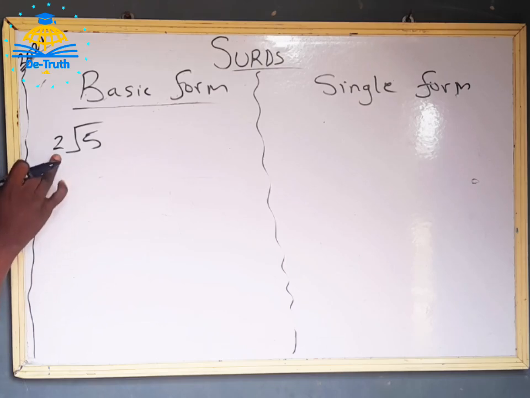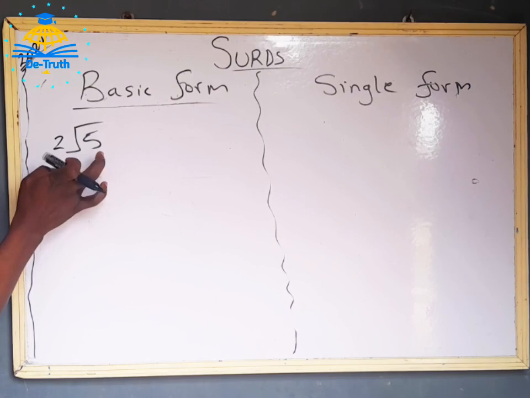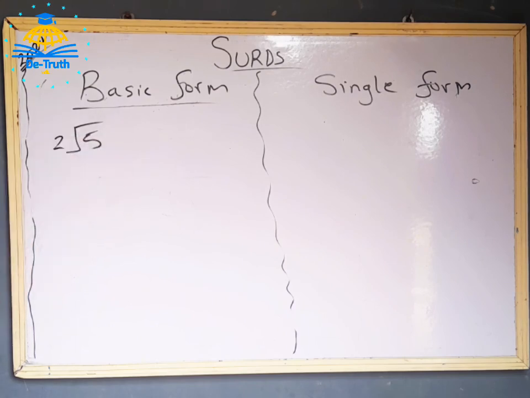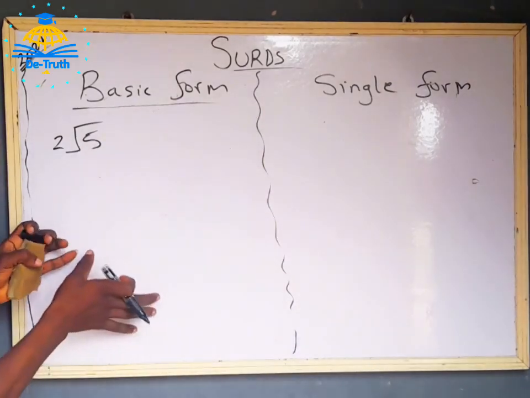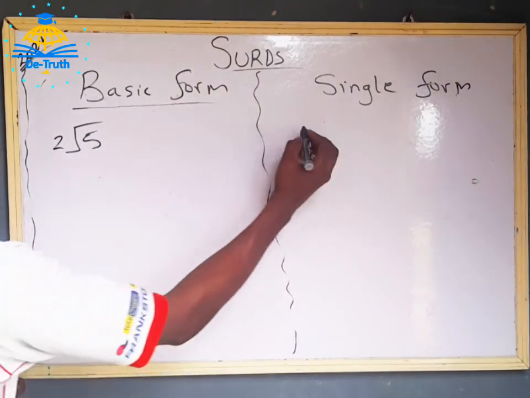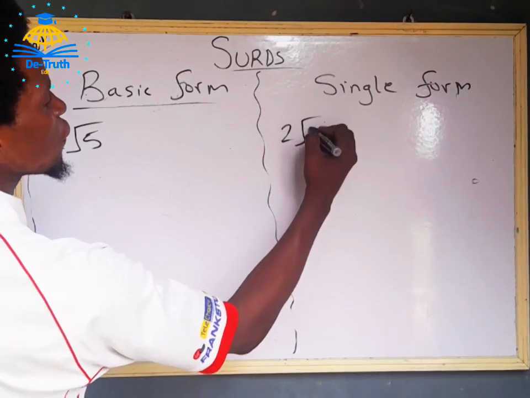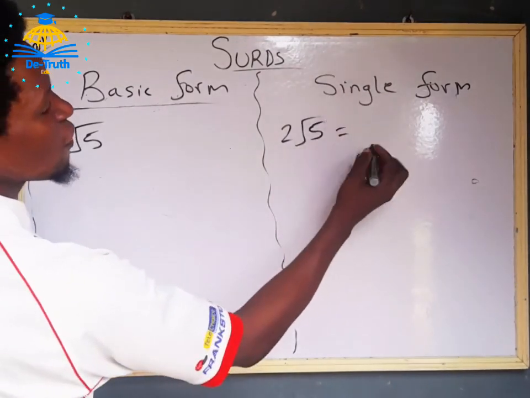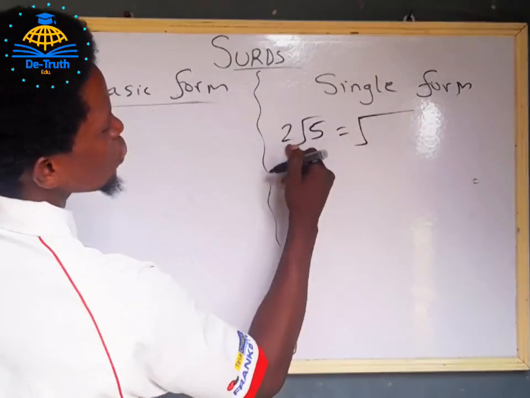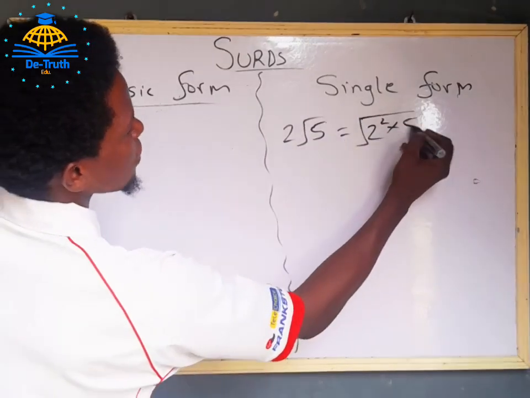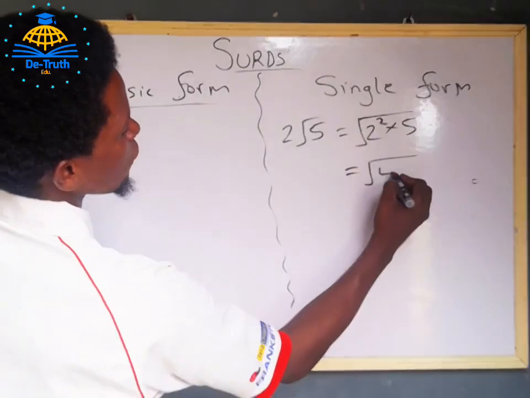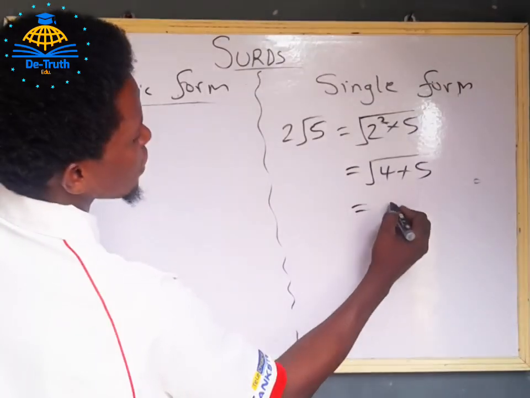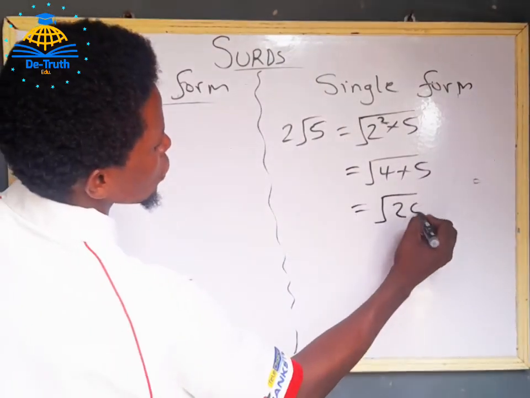Now we have a number outside the root and another one inside the root. We can write this in the form of a single root, and we are going to apply the fourth rule we discussed earlier. 2 root 5 in single form: this 2 will be 2 squared times 5, which is 4 times 5, which is root 20.